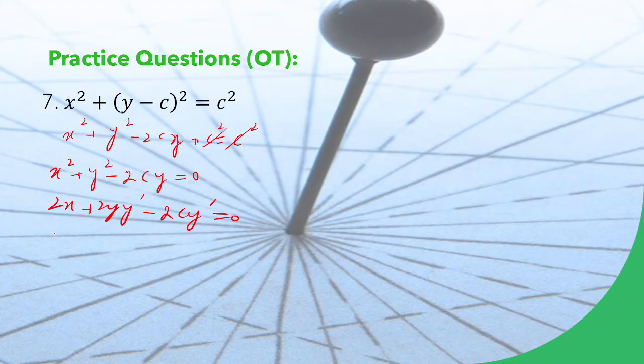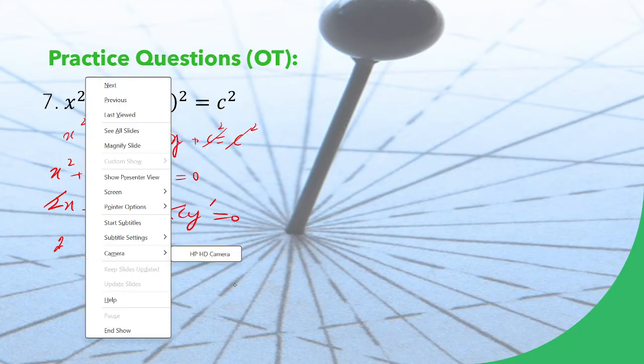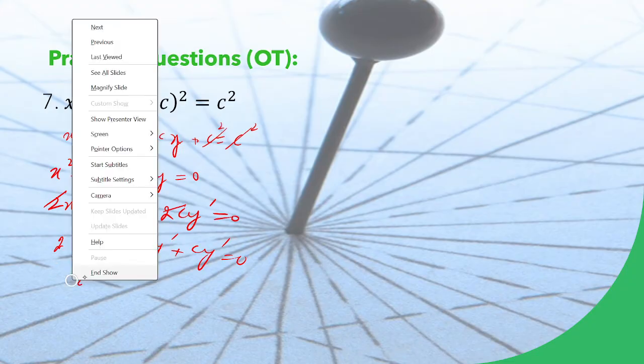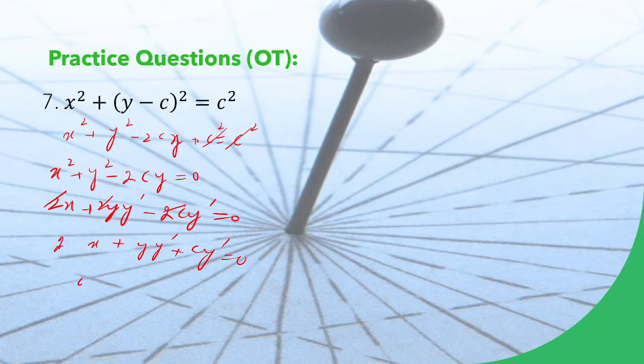Dividing by 2 throughout, we have x plus y y dash minus c y dash is equal to 0. From here we'll be having x plus (y minus c) into y dash is equal to 0.